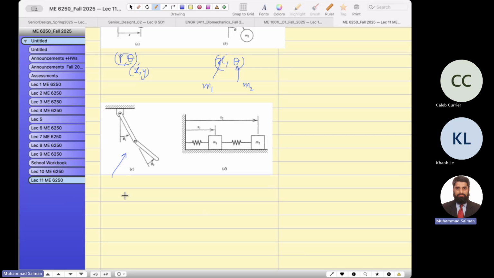You can see that I need two separate degrees of freedom, which are the rotational degrees of freedom. Similarly, you can just see this one and this one. They are two generalized coordinates which are completely defining each mass. Let me show you another example.